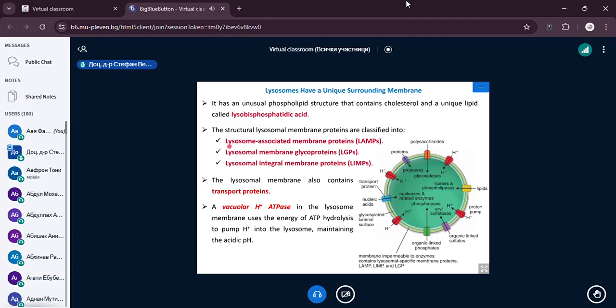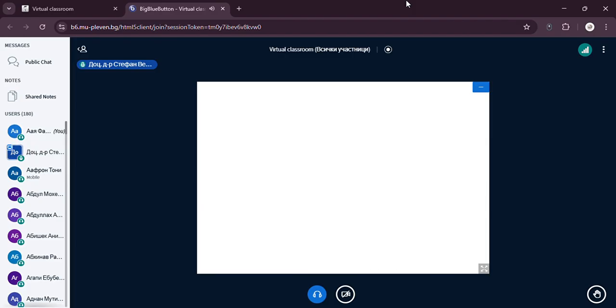And here I give you some examples of these structural lysosomal proteins, like lysosome-associated membrane proteins, lysosomal membrane glycoproteins, and lysosomal integral membrane proteins. So that's generally the structure of lysosomes.